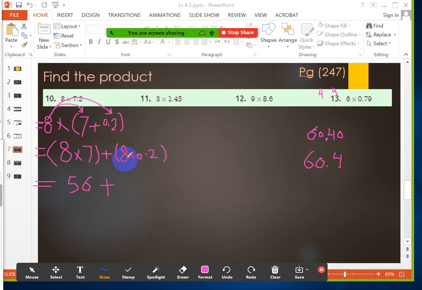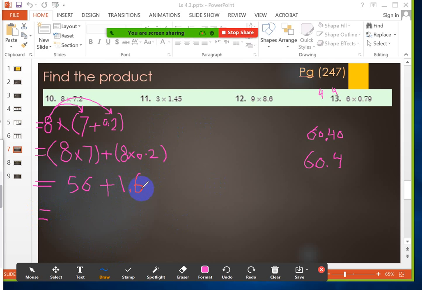So 8 multiply 2 equals what? Equals 16, right? And I have to put the decimal point after one digit. So I have to move the decimal point one digit, so it will be right here between 1 and 6. So the number will be 1.6. Yes, continue, Emma, please, to give me the final answer.